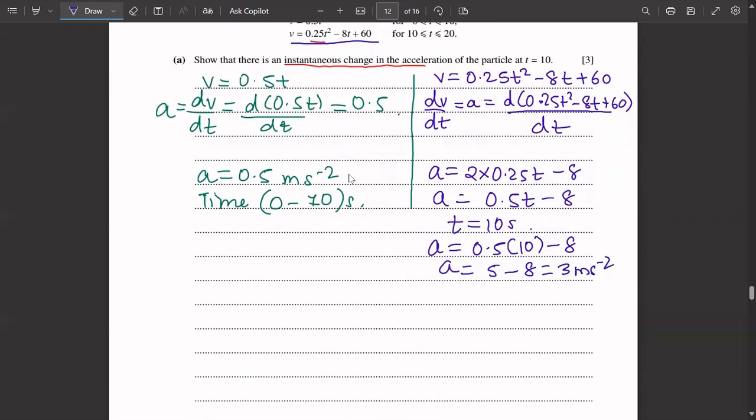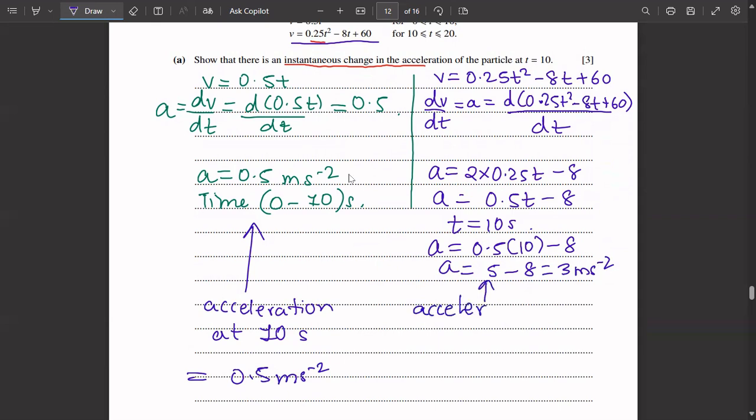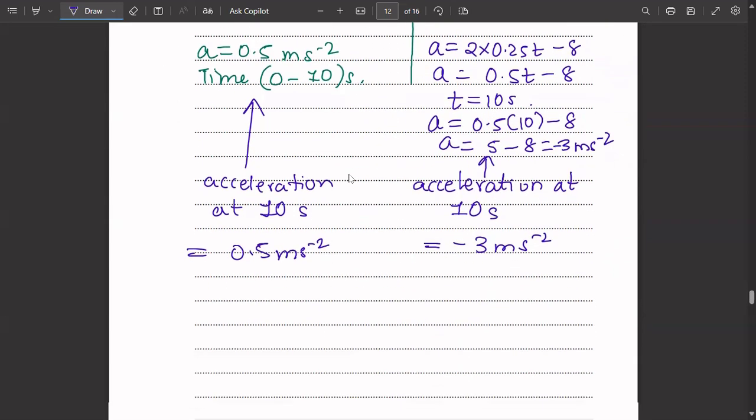So that means using this equation, the acceleration at 10 seconds is equal to 0.5 meter per second square. And using this equation, the acceleration at 10 seconds is equal to minus 3 meter per second square.